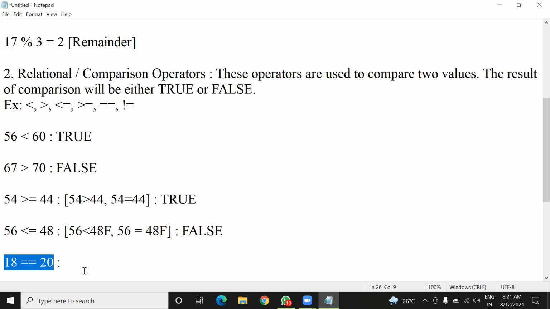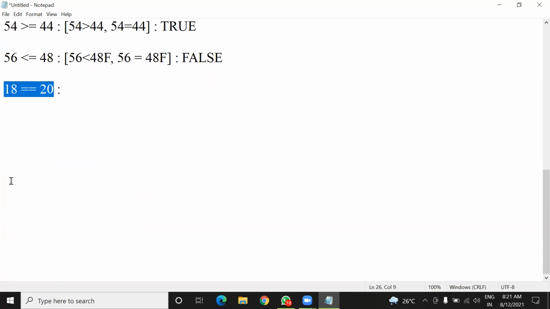Then can we use a single equals to sign also for this? No. In programming languages, the single equals to symbol is used as the assignment operator. This one checks equality of two given operands. If I write a equals to 12, it means I am going to assign the value 12 to the variable a.